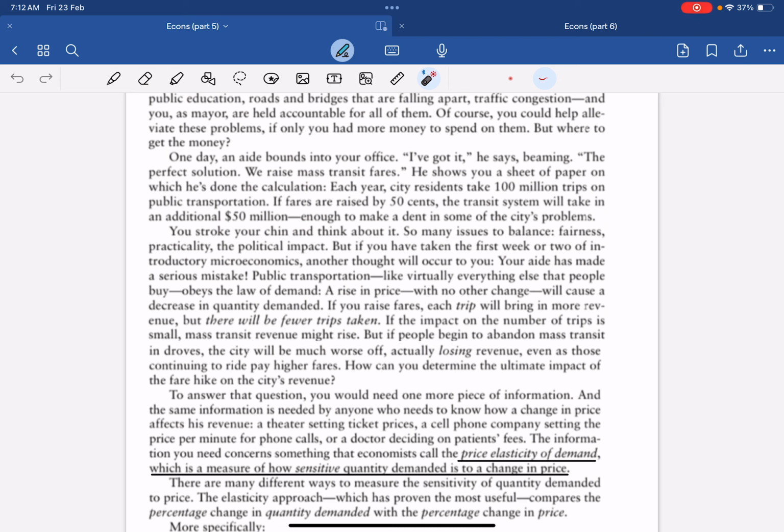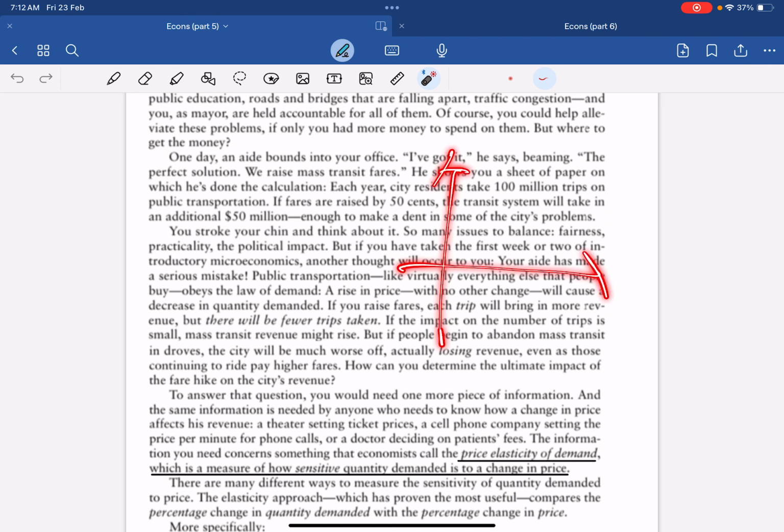If you raise the fare, then your quantity demanded falls, correct? Then there will be fewer trips taken overall. So the revenue generated may or may not rise, because if you lose more people than necessary, then you actually lose money.